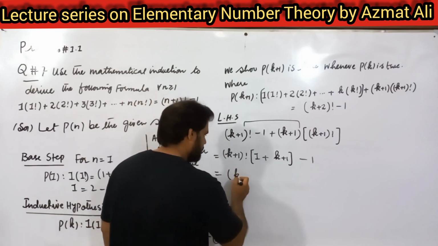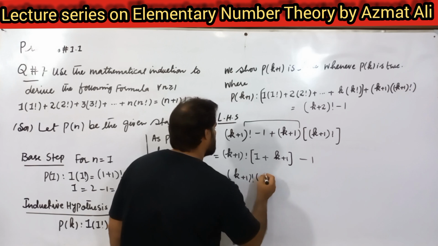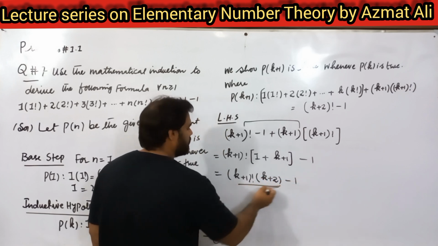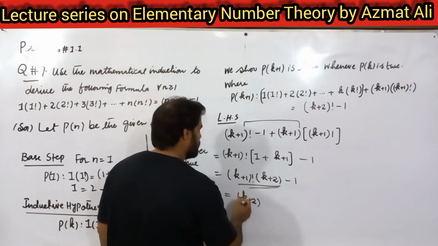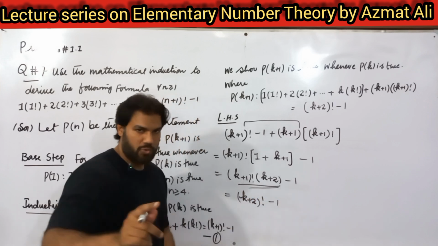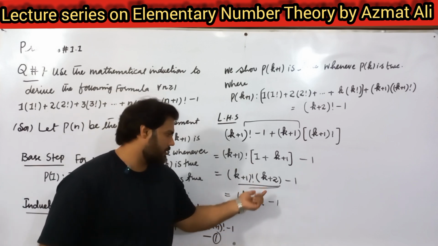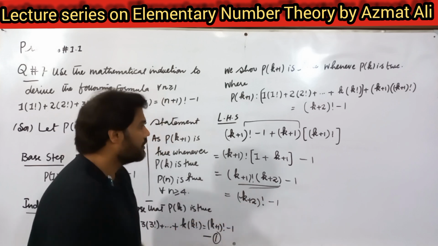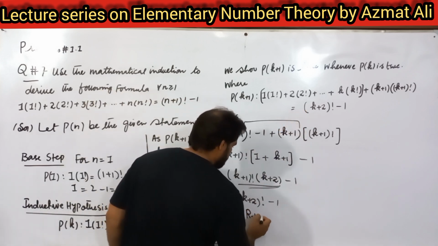This is simply k plus 2, minus 1. Can you write this product as (k plus 2) factorial? If you break this factorial in reverse, you can find this product. So this is equal to (k plus 2) factorial minus 1, which is our required right-hand side.